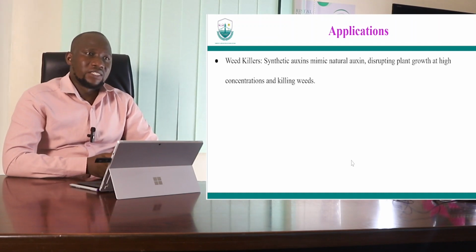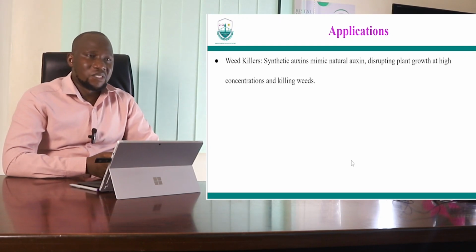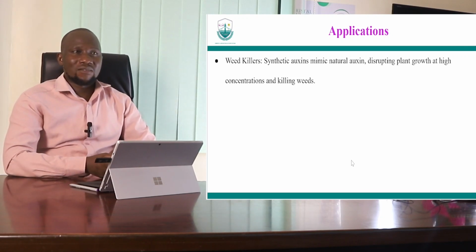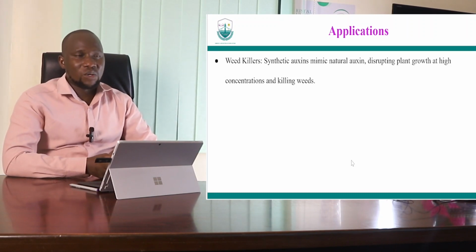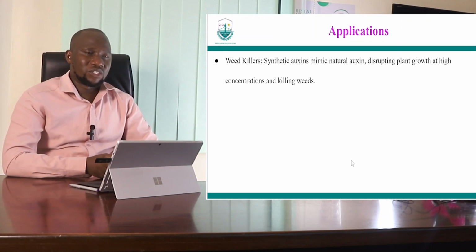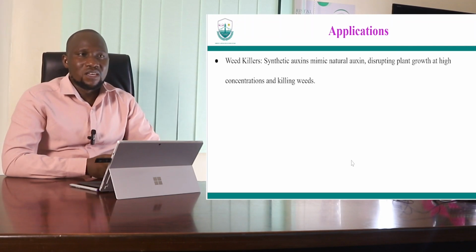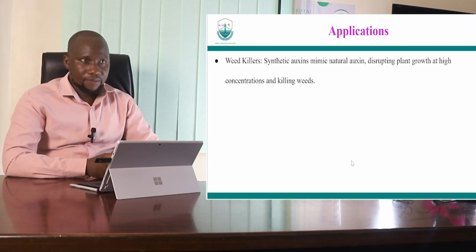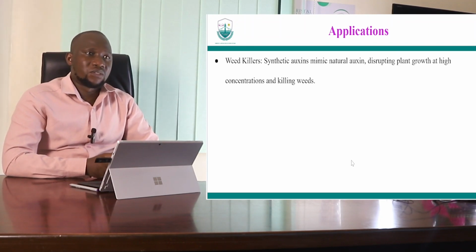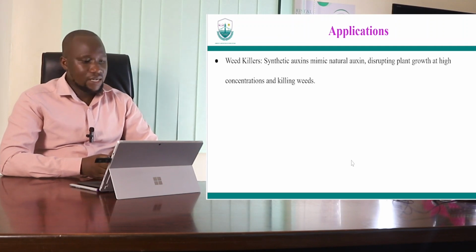What these weed killers do is that they contain chemicals that resemble auxins and cause the similar impact. But in this case, because the auxins are in higher concentration, the plant will not grow and actually die off. Okay, and that's what we use in weeding. Okay, using these chemicals for weeding purposes.